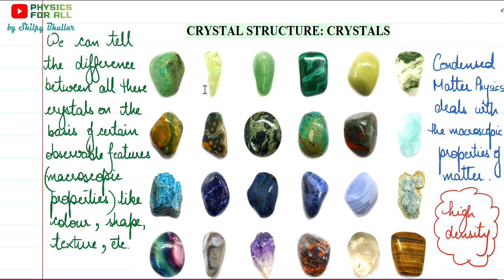So this particular video was just about giving a general idea about what is condensed matter physics and what are crystals basically, and why we are studying crystals in condensed matter physics. Crystals, they are solid, we know that, but why are we studying them in condensed matter physics? Now you can understand that basically all these crystals are formed from fluids.